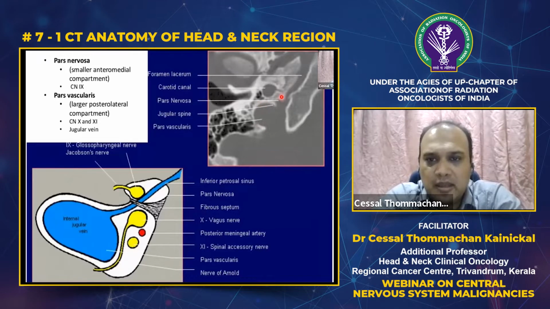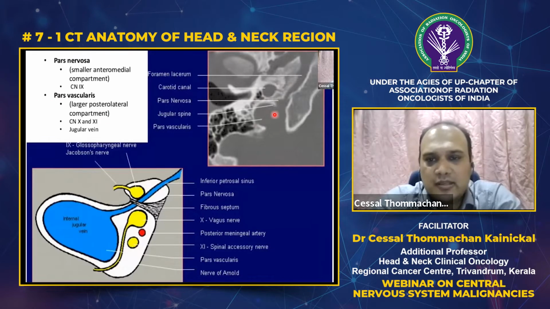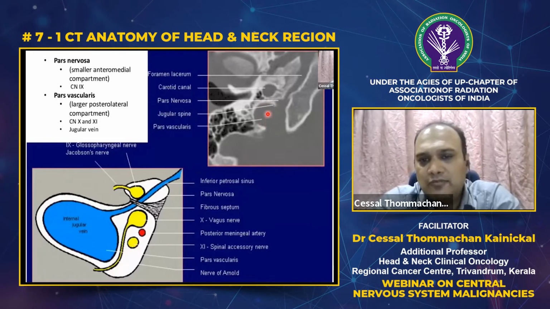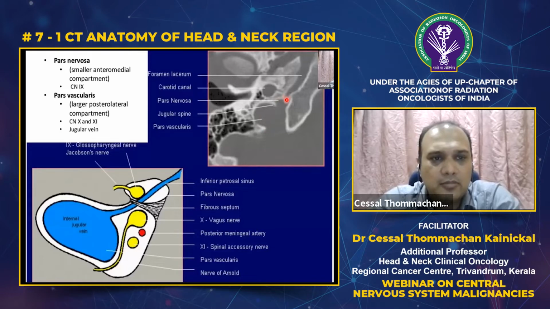It is bigger compared to the pars nervosa, which is more anterior and medial. In the pars vascularis, the posterior compartment, you have the 10th and 11th cranial nerves and also the jugular vein. And in the anterior compartment, you have the 9th cranial nerve.